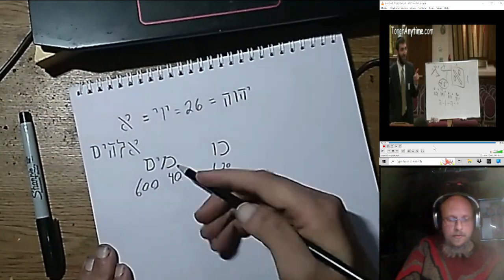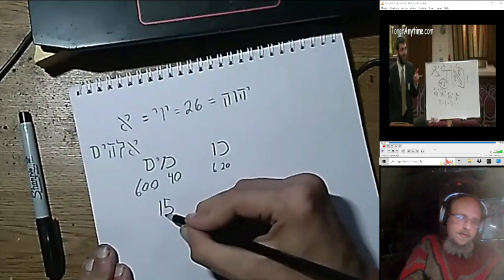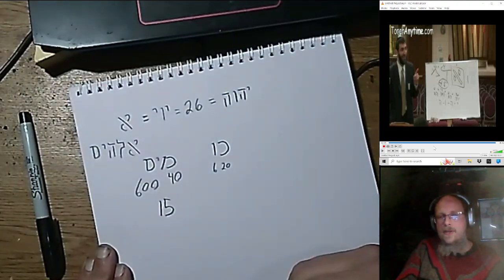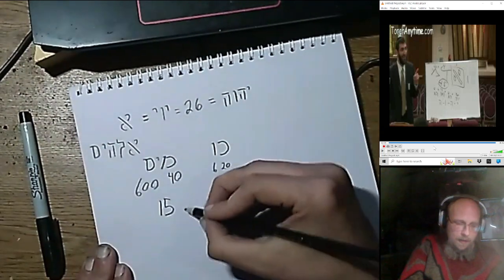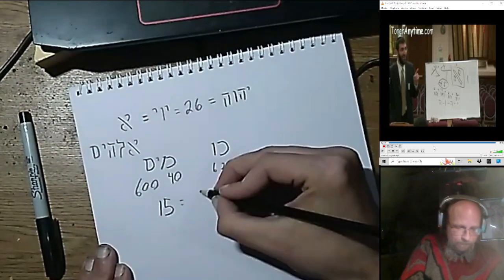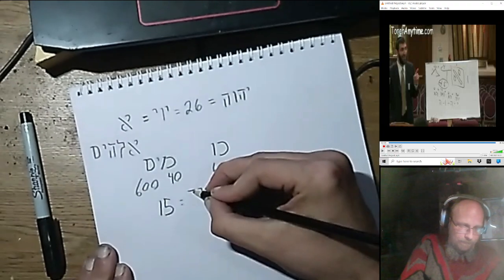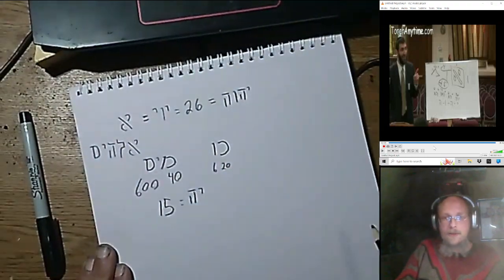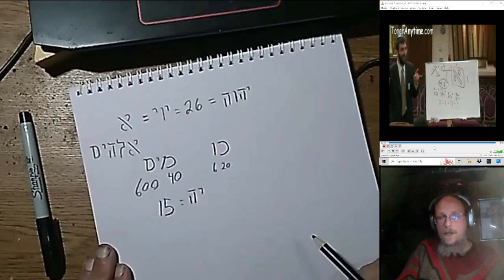Now, the difference between the two is 15. And 15 is Yah, the shortened form of the holy name.